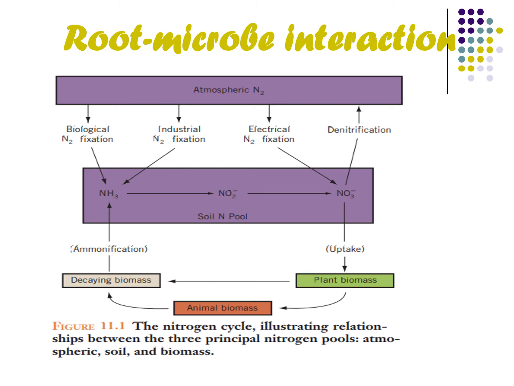Nitrogen moves further up the food chain when animals consume the plants. Nitrogen is eventually returned to the soil through animal waste or the death and subsequent decomposition of all organisms.